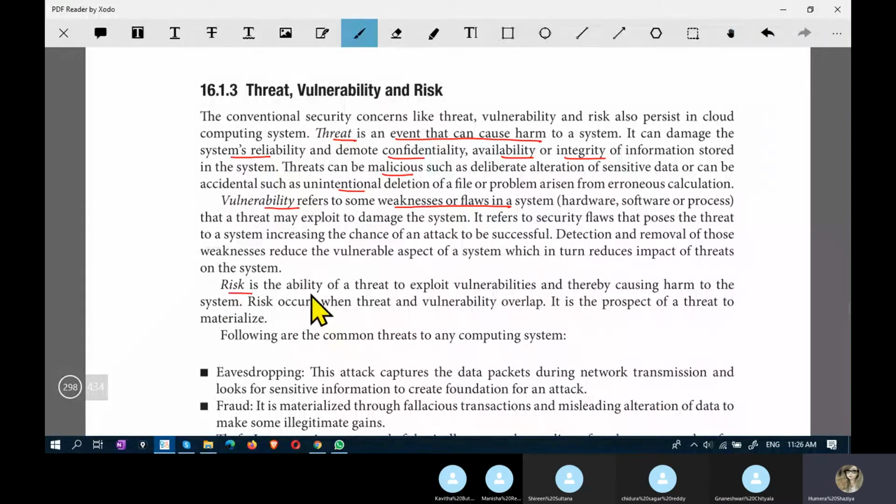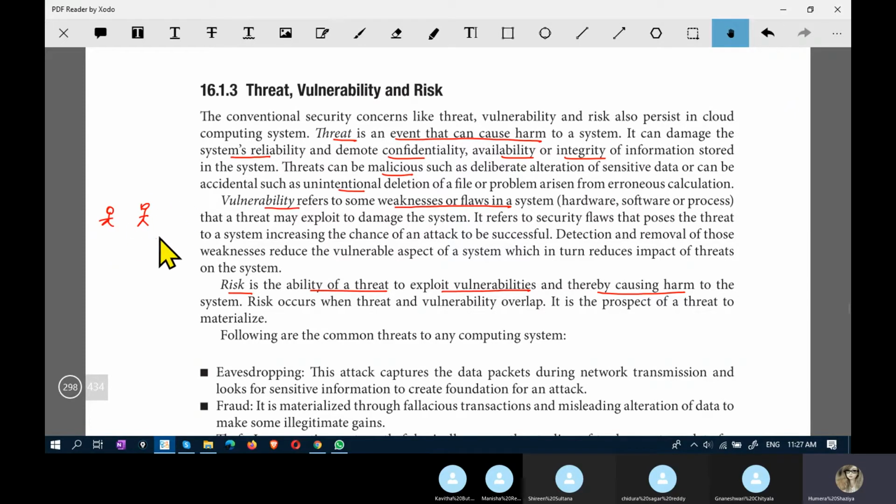Risk is the ability of a threat to exploit vulnerabilities and thereby cause harm. What is a risk? Let me give you an analogy. There are two students in the class who don't gel well, don't mingle well, and there is animosity between them.